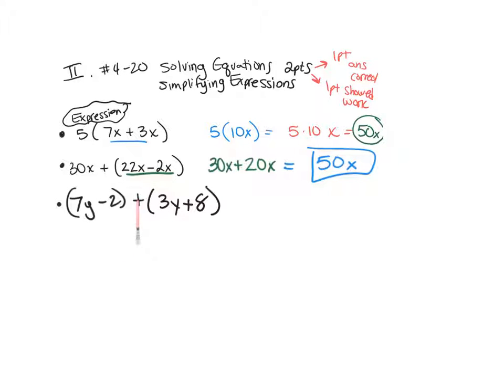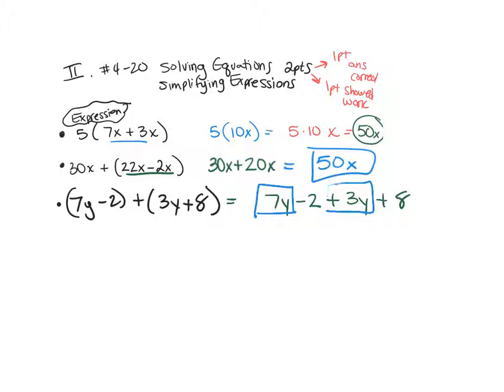The fact that there is an addition sign in the middle means that you're not changing the sign of the parentheses that it is in front of. So theoretically, if you wanted to, you could write it like this: 7y minus 2 plus 3y plus 8, and then you can combine like terms.